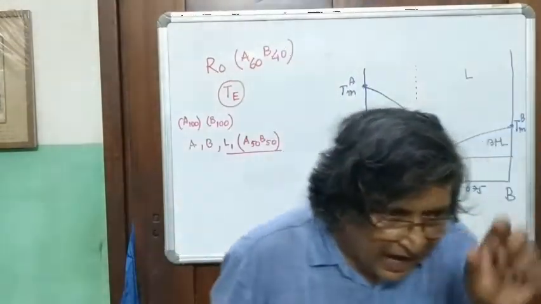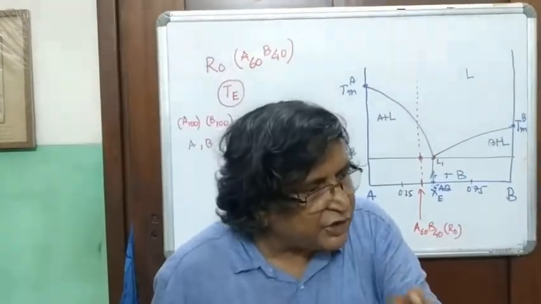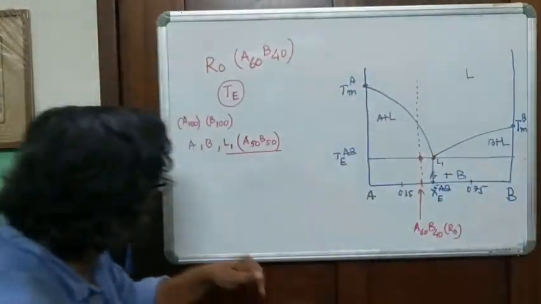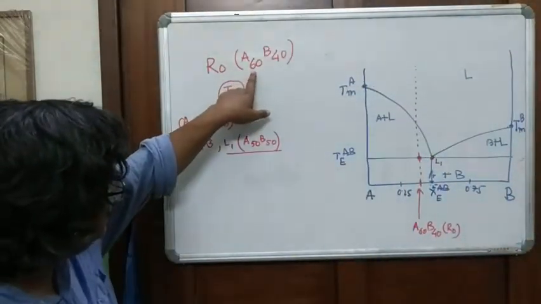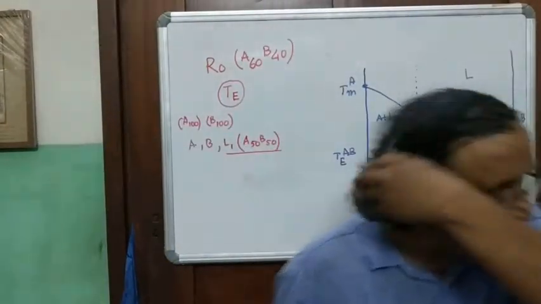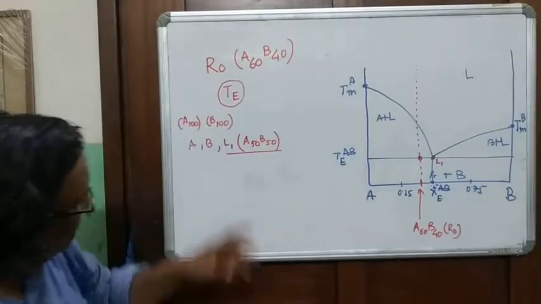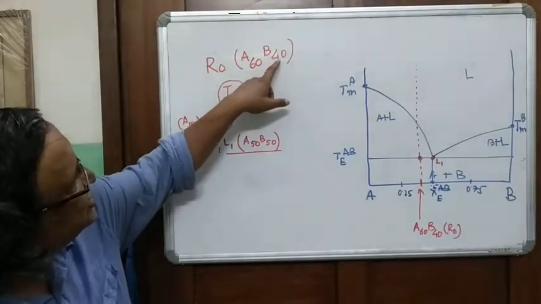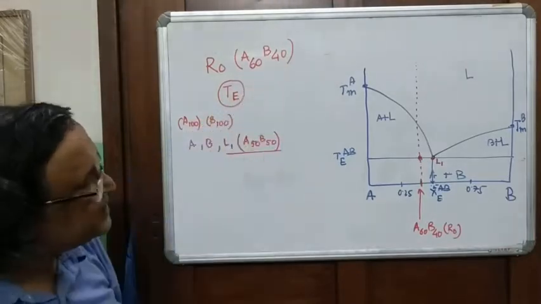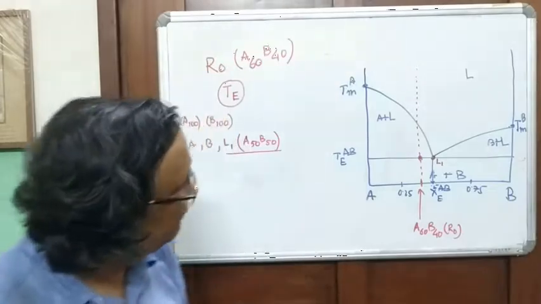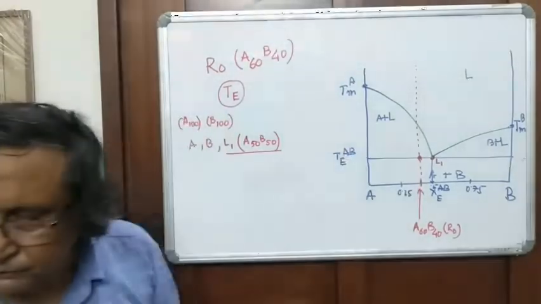A mineral and B mineral in the ratio 50-50 will melt in a rock where A60 and B40 occurs. So what will happen? If you melt A50 and B50 in a rock which has A60 and B40, obviously the rock composition should move in the direction of A.